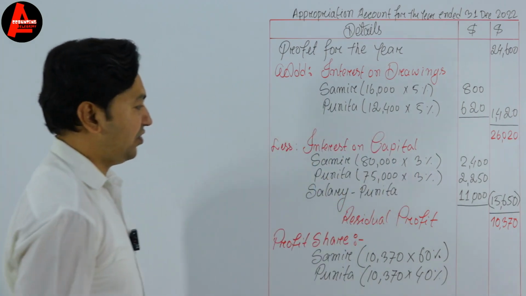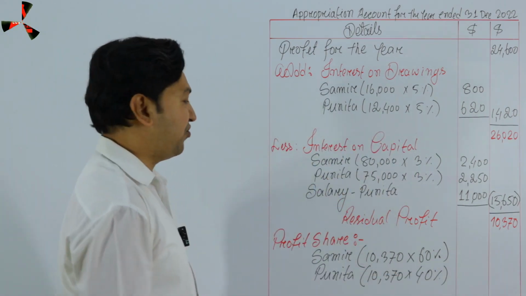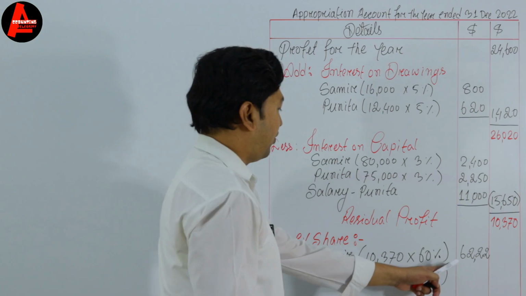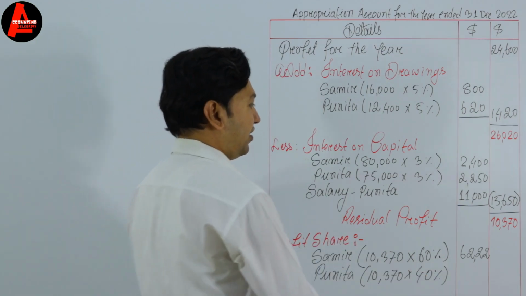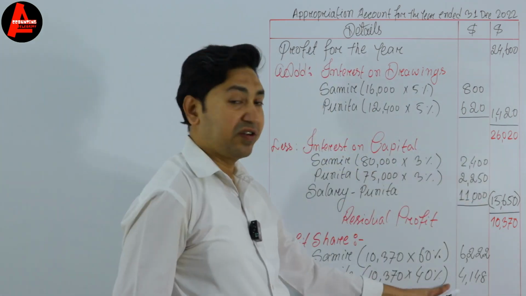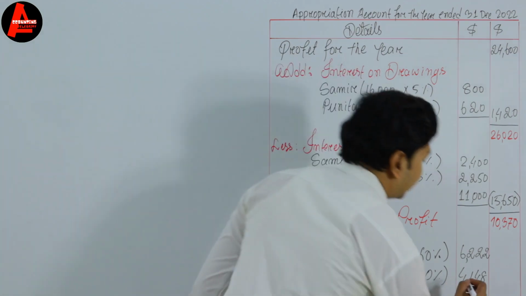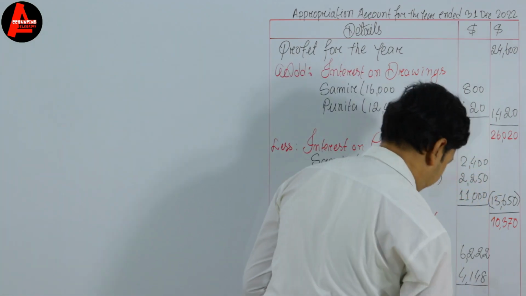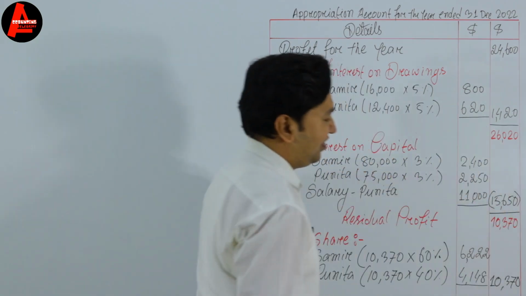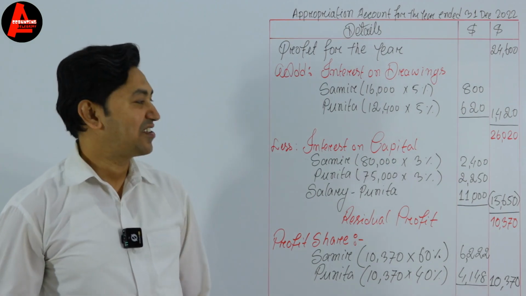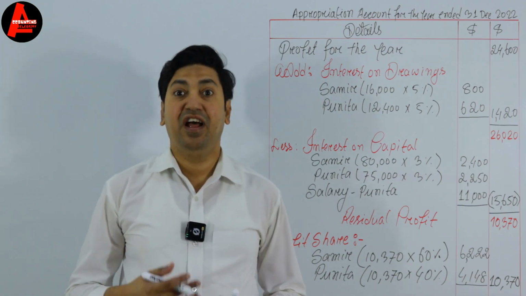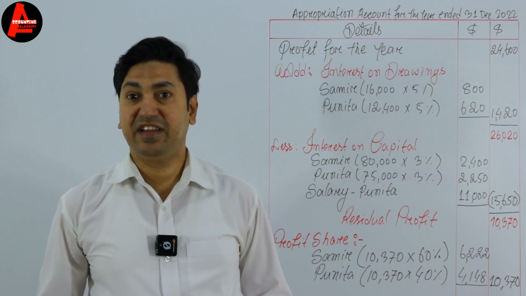Okay, so now if we calculate, what do you get? $6,222 for Samir and $4,148 for Punita. Okay, now if we add these two amounts, we get the same $10,370. So this is how you need to prepare the appropriation account. In the next tutorial, you will see how to prepare current accounts.